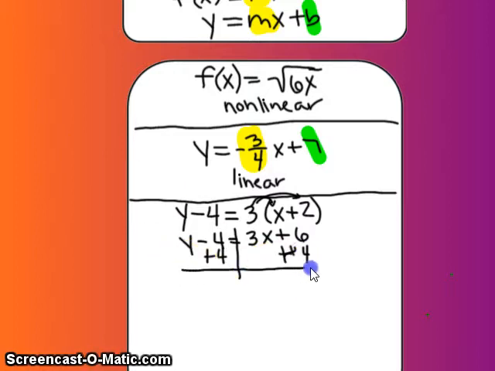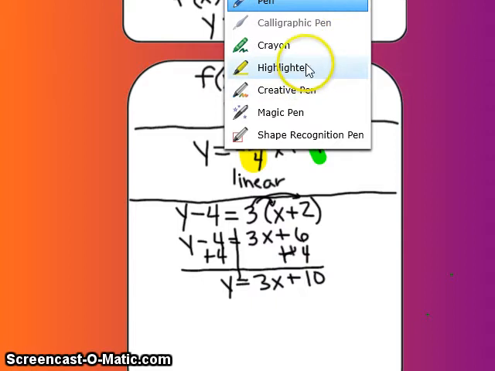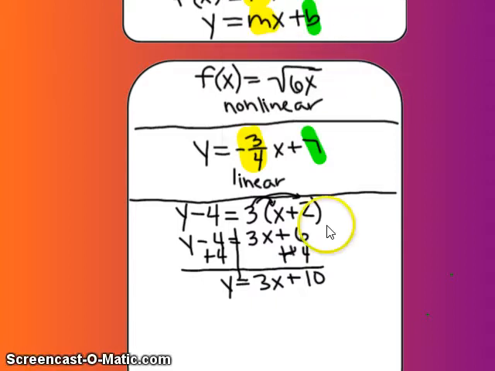That cancels out the minus 4, so I get y equals 3x plus 6 plus 4 is 10. Now this is our final in function form, when we get the mx plus b. Because it has a coefficient of 3 and a constant of 10, it is a linear function. So we can say that's linear.